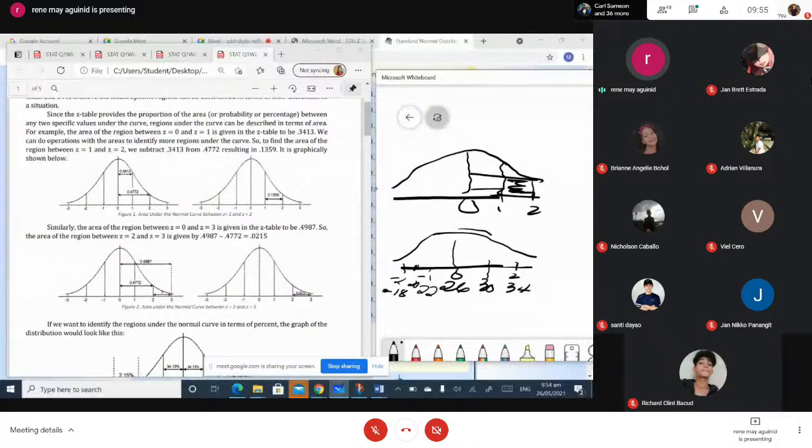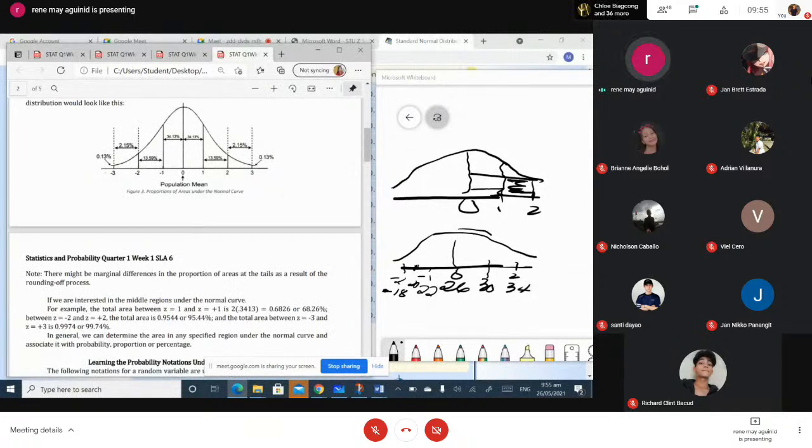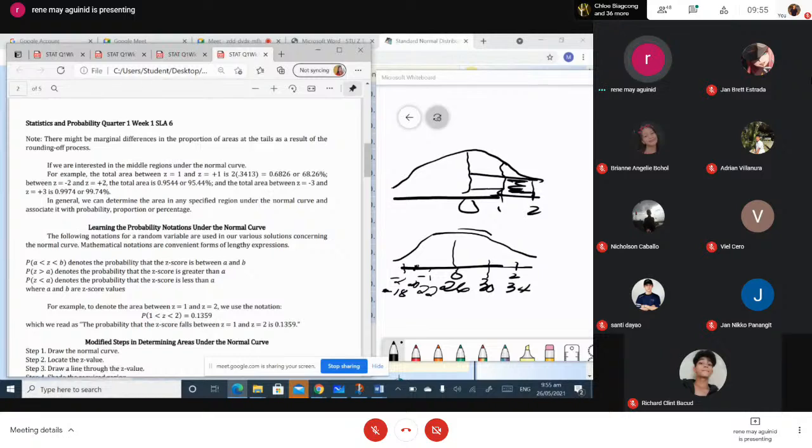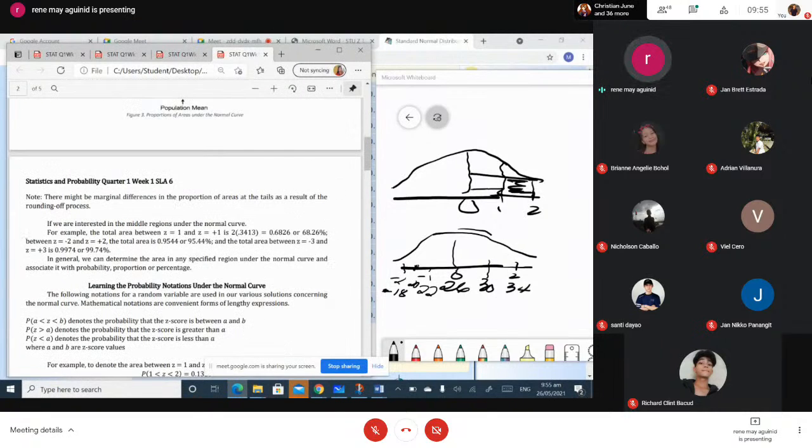Okay. So, yun, ano lang siya. Minus or plus, depende. So what if kung ang area, diri wala na ni siya sa example ha.